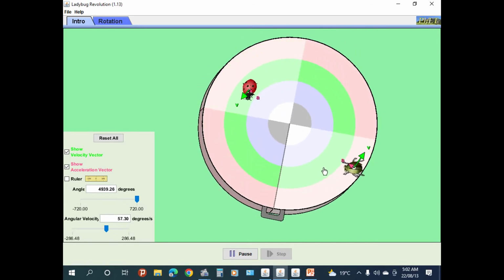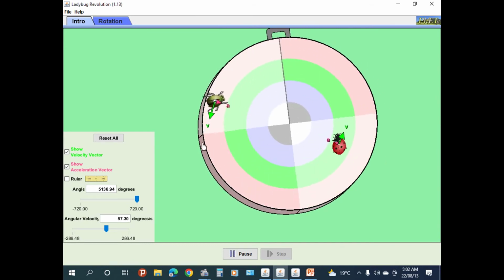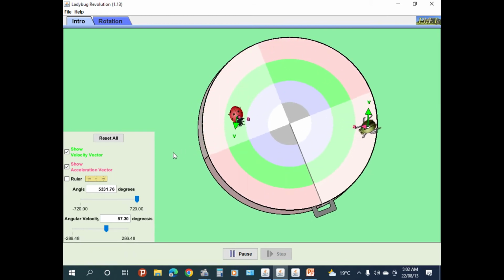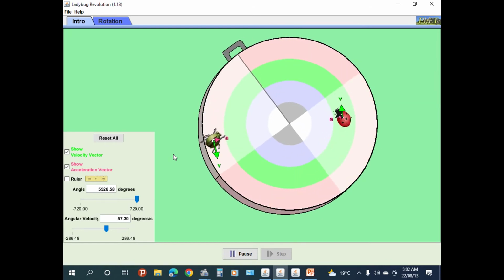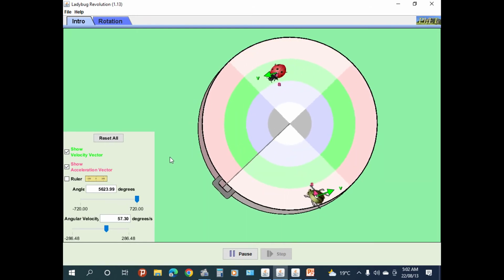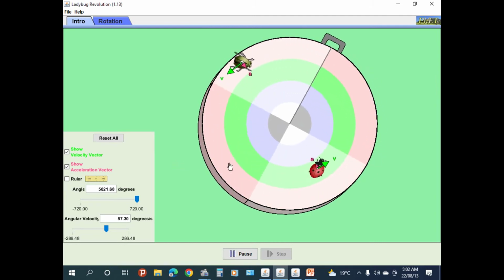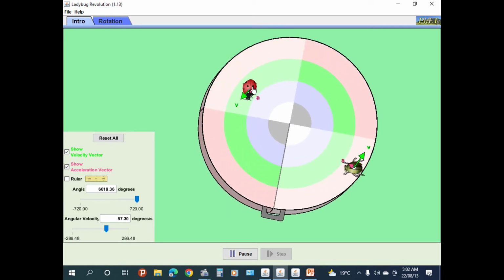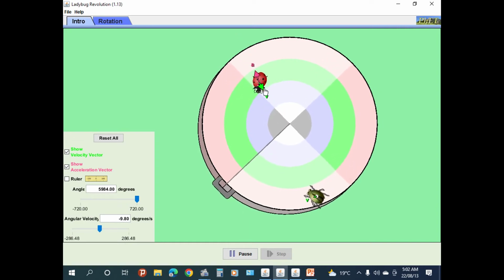The one with the greater radius has the greater tangential velocity. Tangential velocity equals r times omega. Omega is constant, and omega means theta over t. So what is r doing, increasing or decreasing here?